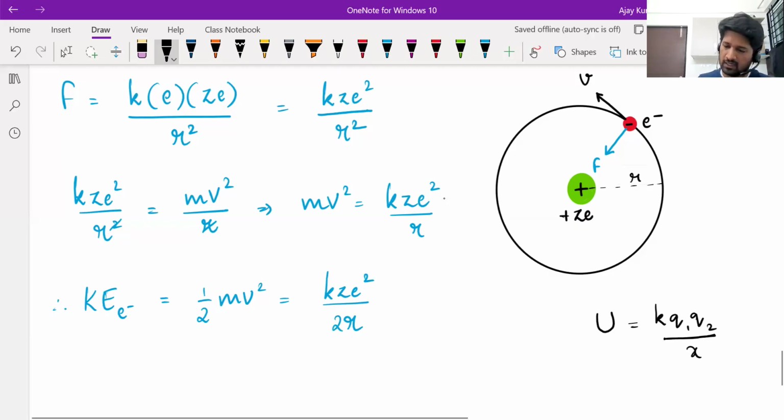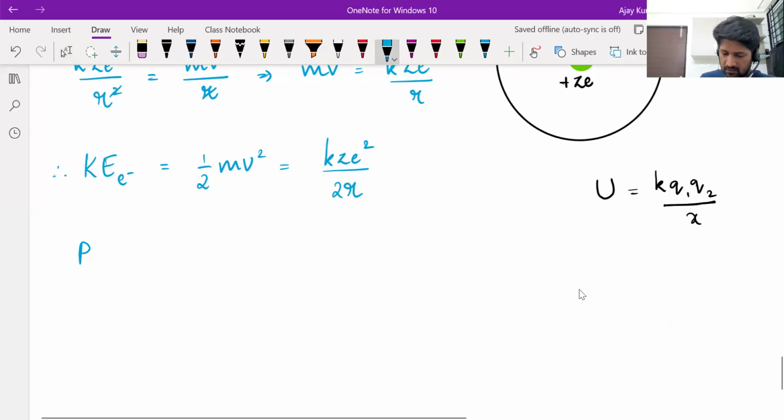Now in the force formula, I didn't substitute minus e in place of charge of electron. I just took e. Why? Because we are only writing the magnitude of the force and equating it to the magnitude of centripetal force. That's why I took the charge of electron as e. But when you express potential energy between two charges, you are supposed to substitute charge along with sign, because potential energy can be positive, it can even be negative.